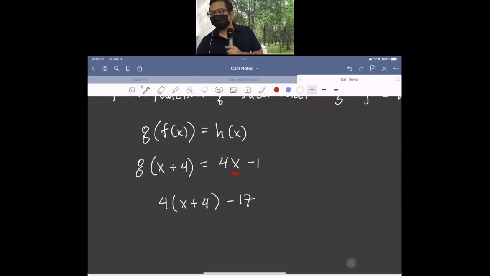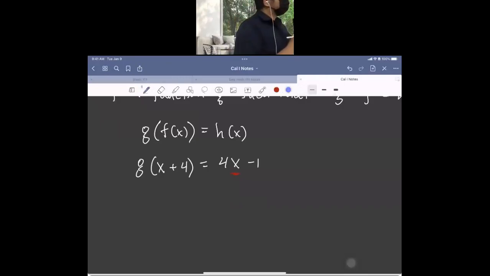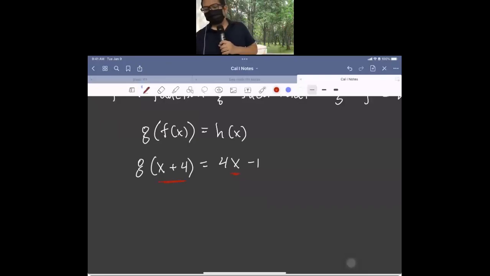Let me just explain from scratch. One way to think is that the end result should be 4x minus 1. It has to have the 4x, right? So when we put x plus 4 into some a, this x plus 4 should become 4x minus 1.